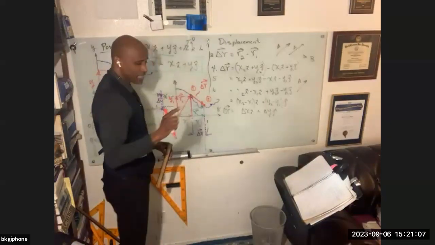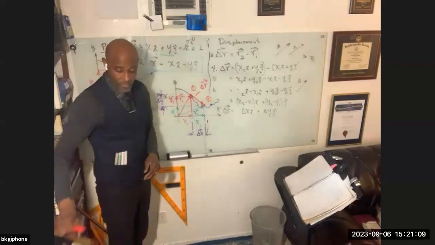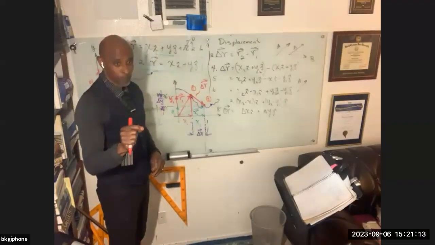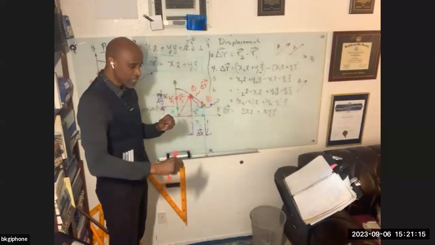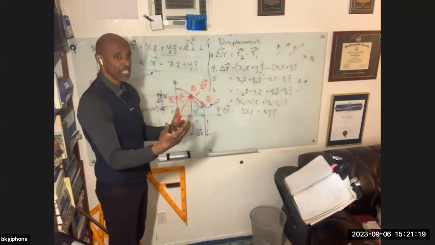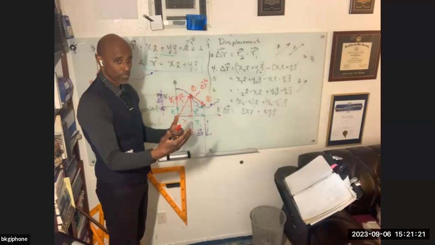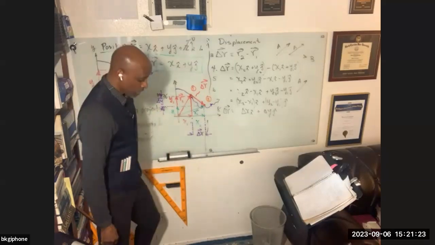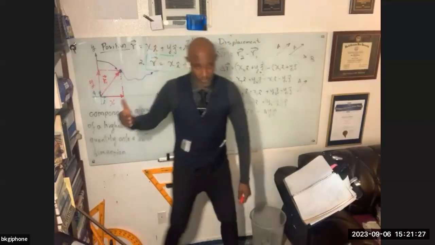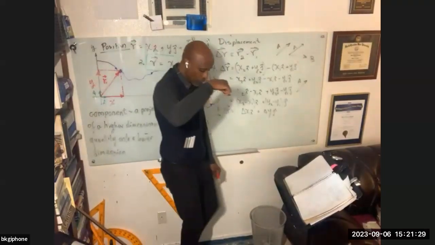So there's a difference, and they make a point about this in the book. There's a difference between path and displacement. Path is the actual distance that you move across. Displacement is the distance between the two initial and final points. So, for example, let's say I walk around like right now, I start right here, and I walk around a circle.